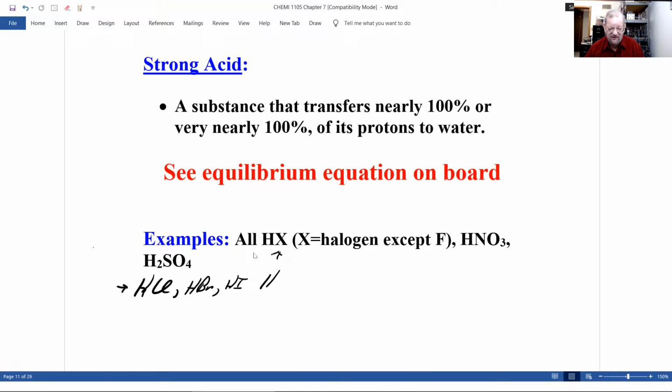Now, a very important strong acid is H2SO4, sulfuric acid. And finally, another one is nitric acid, HNO3. If I ask you whether HCl, H2SO4, or HNO3 is an acid or base, you should know that's a base. Excuse me, that's an acid.